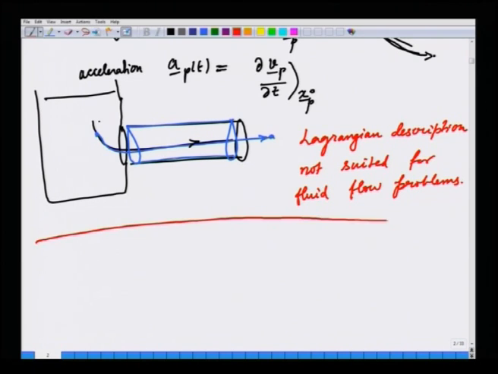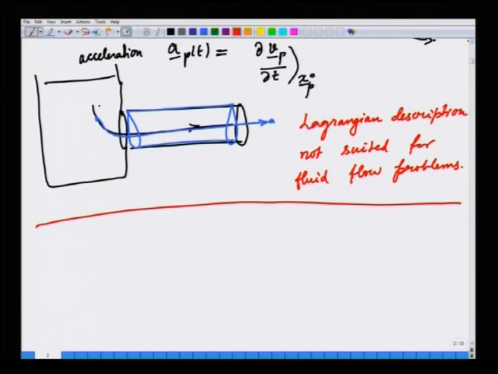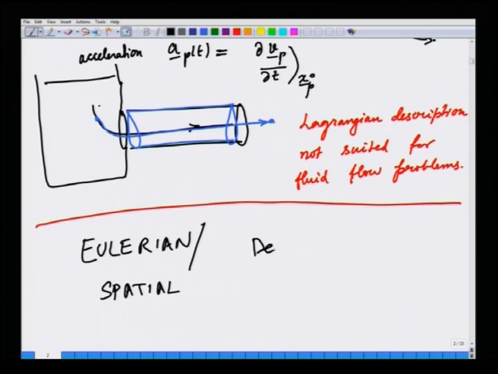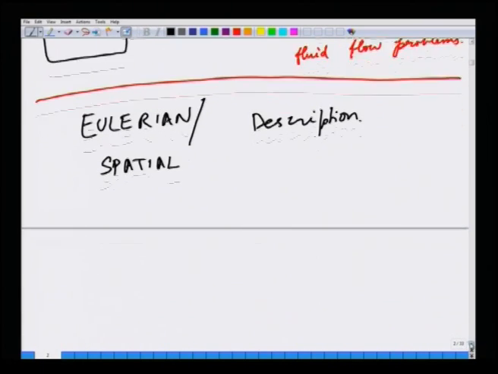So, what is normally done in fluid mechanics is what is called the Eulerian, or spatial, description of motion. Okay. So, what this means is the following.